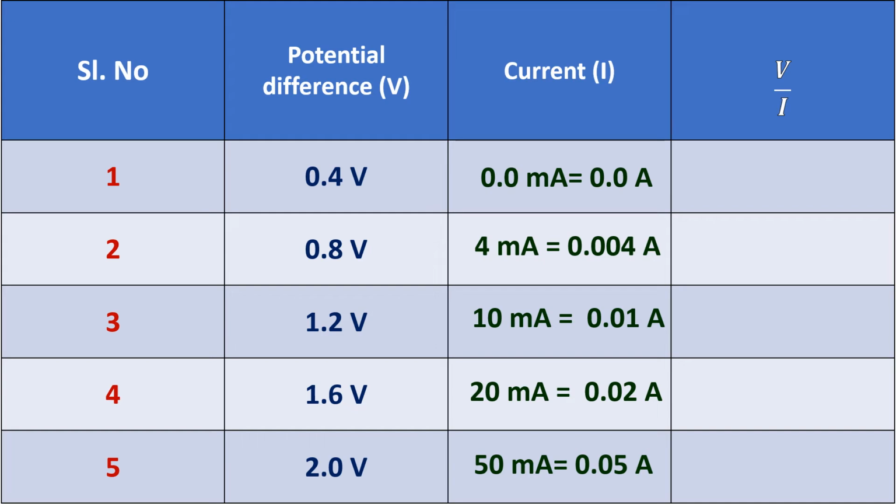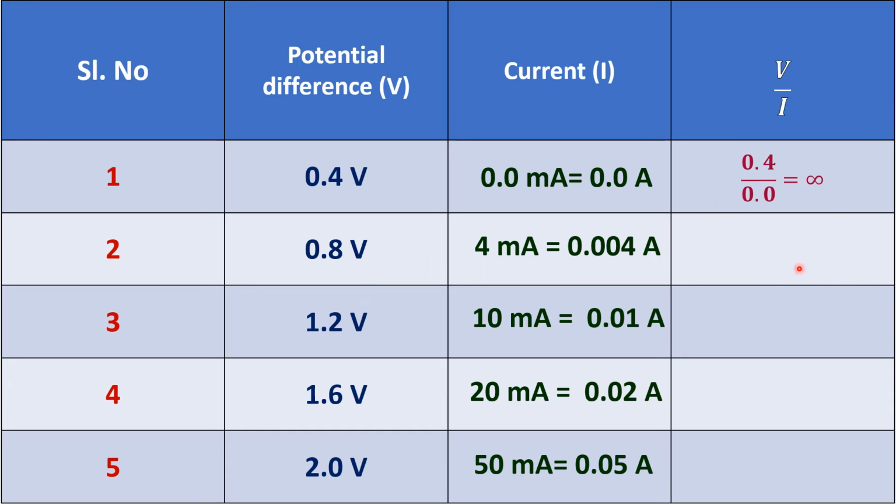Now I am calculating the V by I value in each case. See here, V by I equal to 0.4 divided by 0 means infinity. That means the LED is offering infinite resistance when 0.4 volts potential difference is applied between its terminals. Okay, that means no current is passing through the LED.